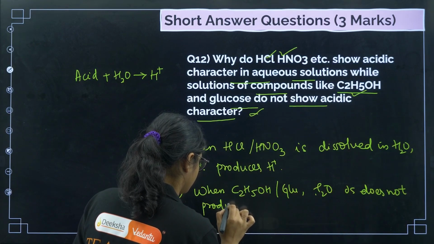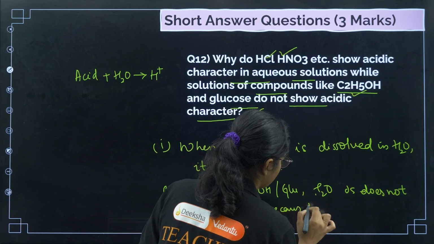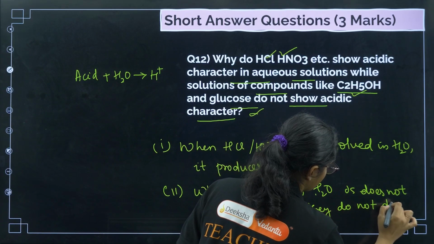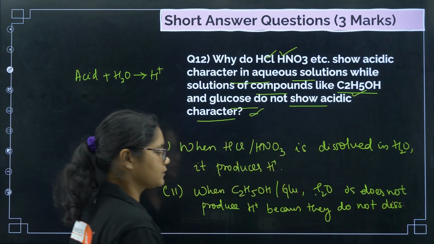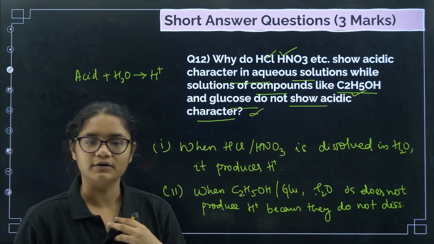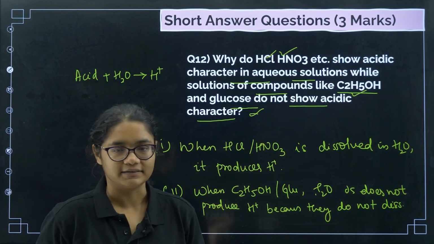It does not produce H plus because they do not dissociate. Clear? Because these things do not give you H plus in the water solution, that is why they are non-conductive or they cannot show acidic character.